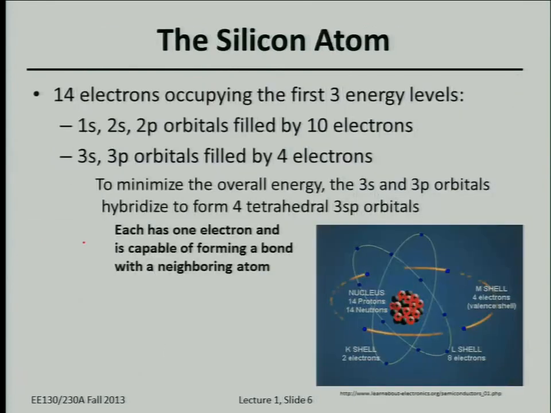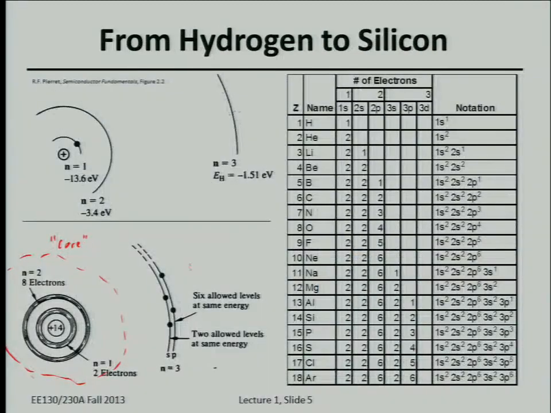So here are the valence electrons. Those electrons are the ones that participate in electrical conduction and covalent bonding with other silicon atoms, or impurities in the crystal.